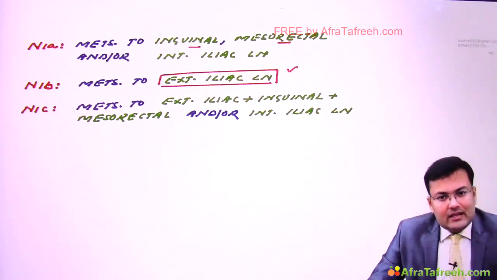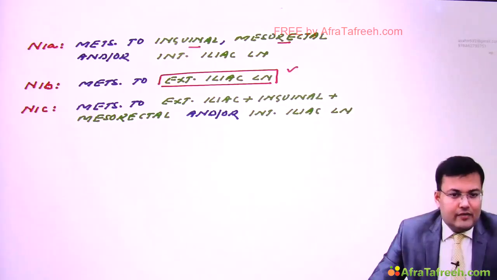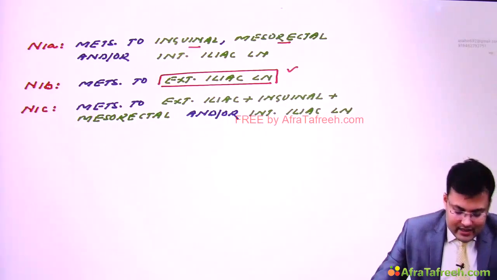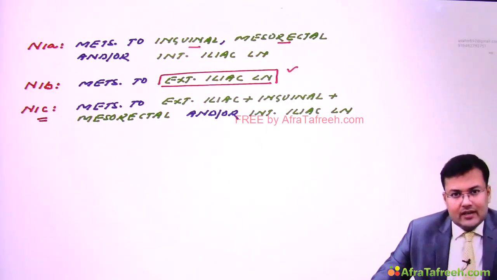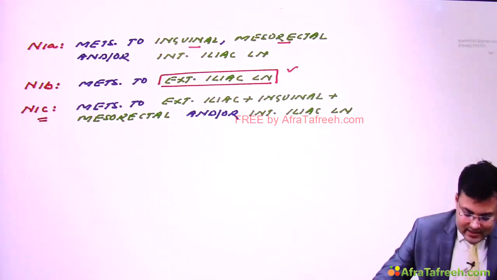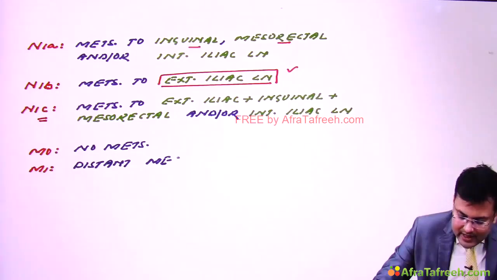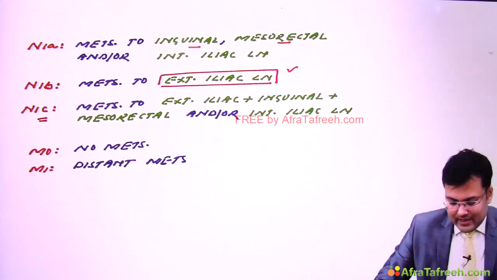Apart from external iliac lymph node, if there is involvement of inguinal, mesorectal and or internal iliac, then it becomes N1C. And the metastasis is easiest. M0, no metastasis, and in M1 there is distant metastasis.